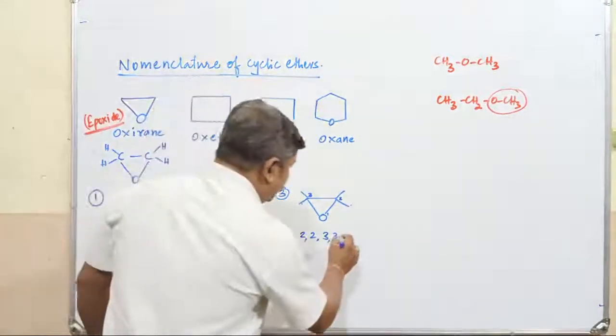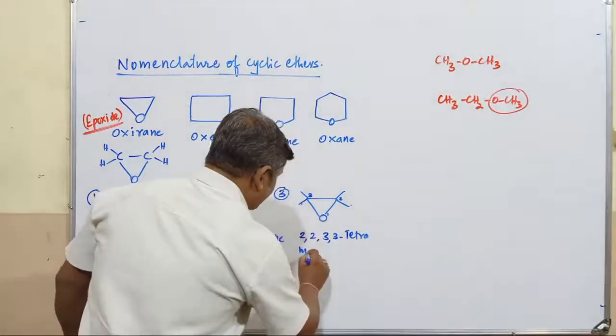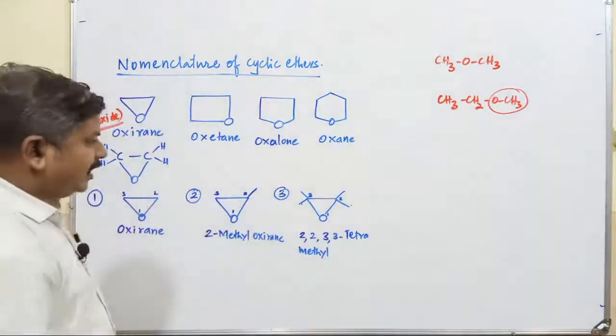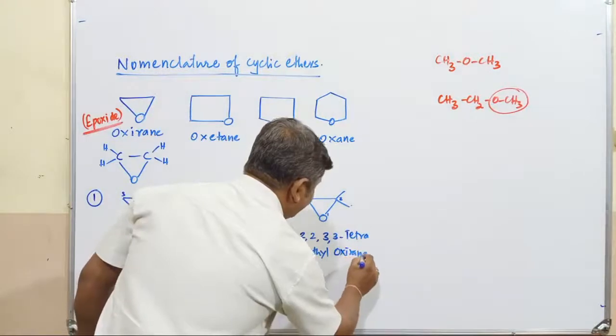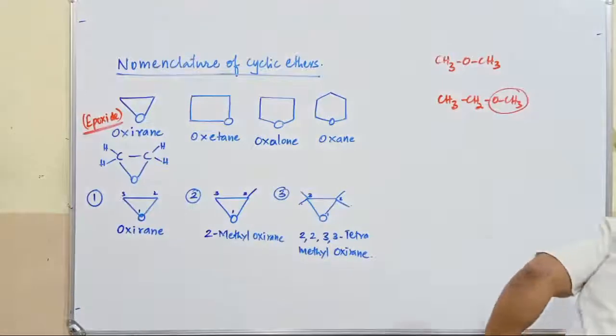So it is 2,2,3,3-tetramethyl. The parent is called oxirane. 2,2,3,3-tetramethyloxirane is the name of the compound in the oxirane method.